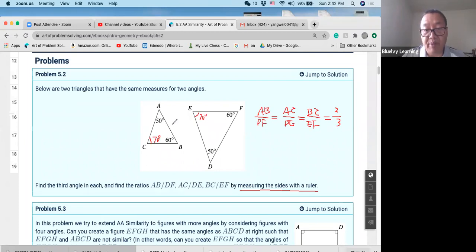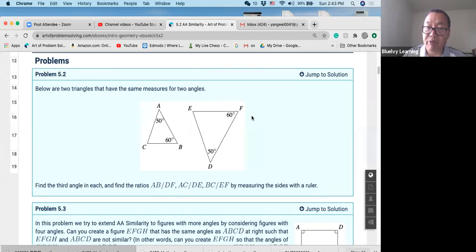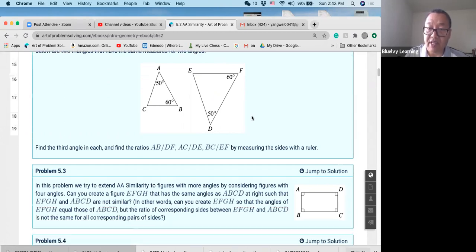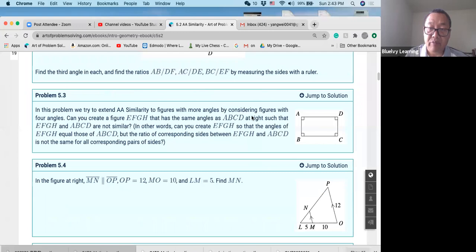If you measure, maybe this one's 2 centimeters, this one's 3 centimeters. So in this way, if we have two pairs of corresponding angles that are congruent, then these two triangles are similar, and the corresponding sides will have the same ratio. For this case, that's 2 over 3.